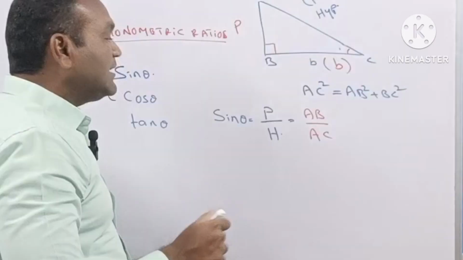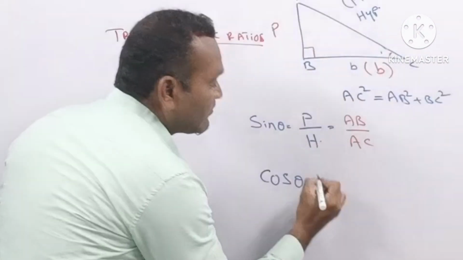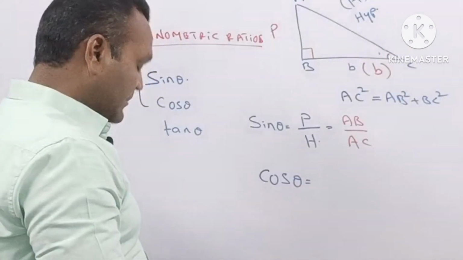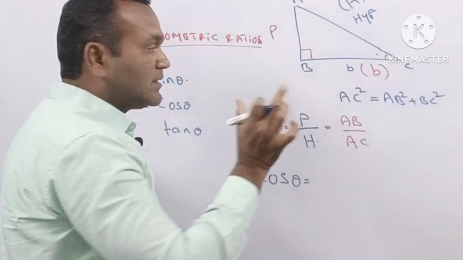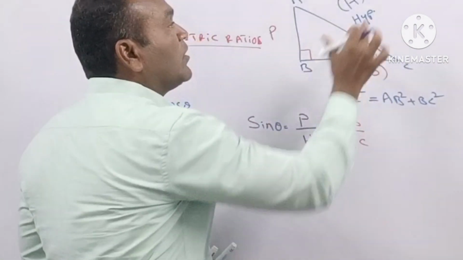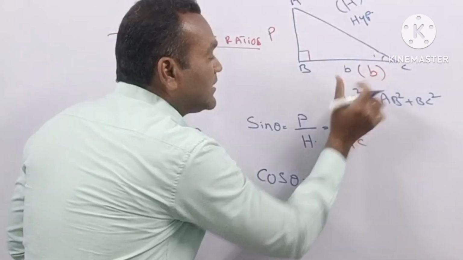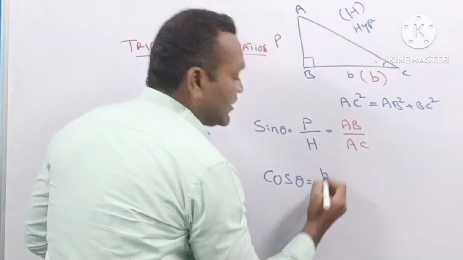Now the next thing we will learn is cos theta. What is the formula of cos theta? Cos theta means base upon hypotenuse. This base I have labeled here as B, upon hypotenuse.